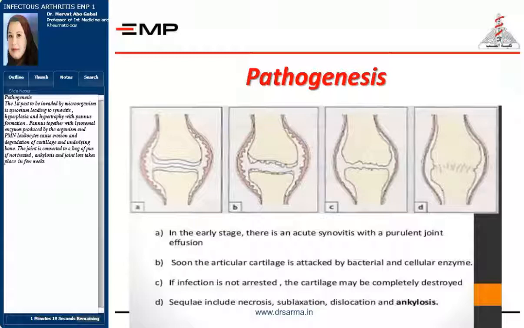The first part to be invaded by microorganisms is the synovium, leading to synovitis, hyperplasia, hypertrophy with pannus formation. Pannus, together with lysosomal enzymes produced by the organism and polymorph nuclear leukocytes, cause erosion and degradation of cartilage and underlying bone. The joint is converted to a bag of pus. If not treated, ankylosis and joint loss take place in few weeks.